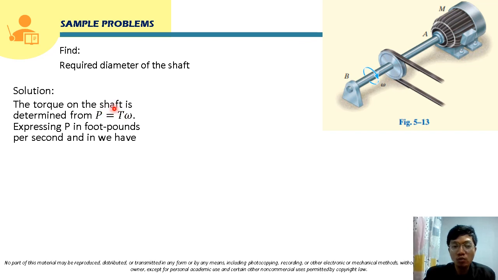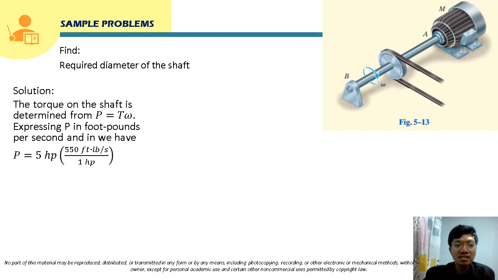After we solve for the torque, we can use the given allowable shear stress to compute the required diameter. Using the formula P equals T times omega, power P is given in the problem, and omega is also given. So we will just substitute the given values for P and omega to solve for the torque T.